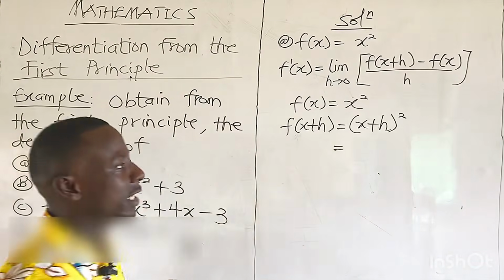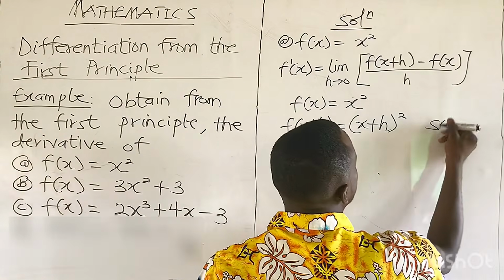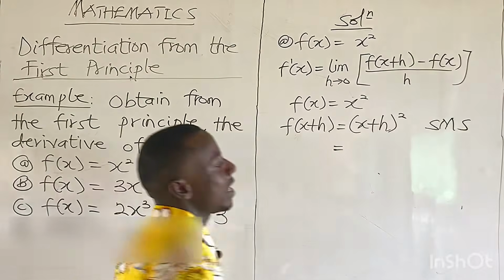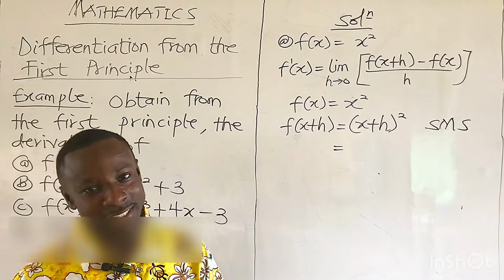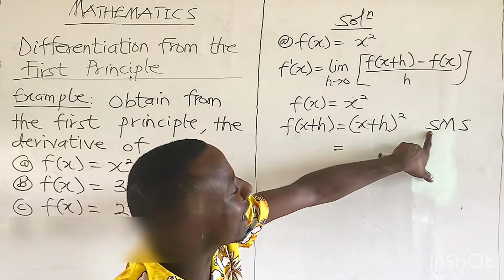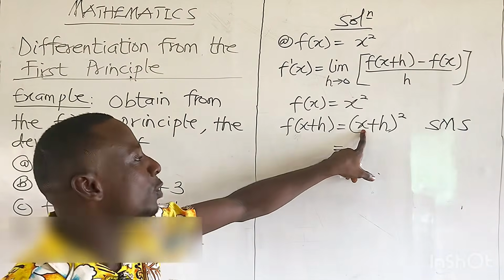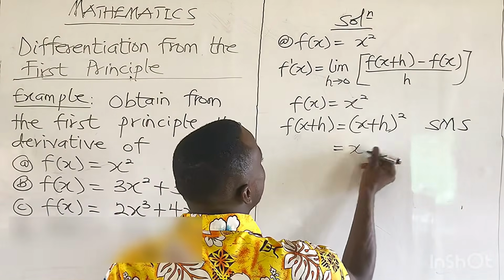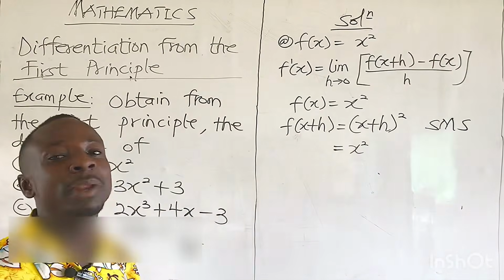In expanding this, I call it the SMS. The SMS we have here is just like you trying to send a message to someone, right? So the first S means we are going to square the first thing. So when I square x, I have x squared. The M here means multiplication.